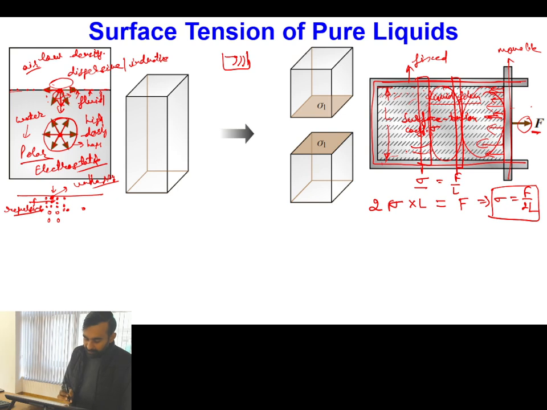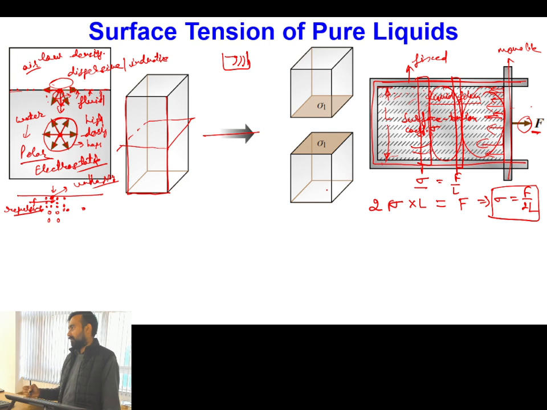Now, typically what happens, let us consider that this is my liquid column, and I have split it into two portions. So this type of breaking I have done. Once I have broken this into two portions, what has happened? There is formation of a new surface, and this surface is now exposed to the surrounding fluid, and there is one surface which has formed at the bottom, and this surface is also exposed to the surroundings.